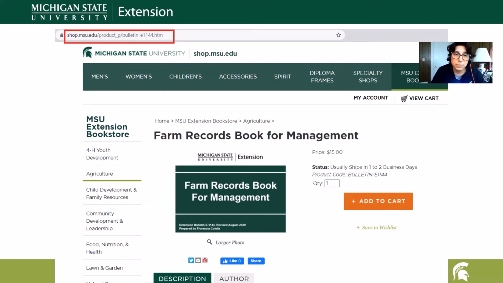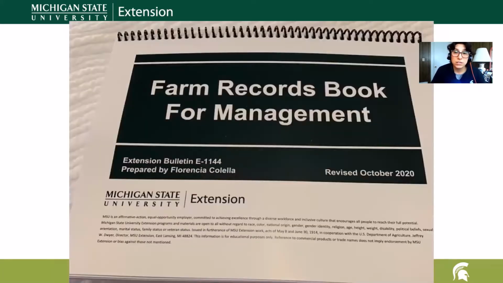It's $15, but by the time you add shipping, it turns out to be like 20 something, so it's up to you whether you want to just print it at home or buy the paper version. We're working on translating this into Spanish if any of you are Spanish speakers. Here's a picture of the booklet that you could buy, but like I said, you can also print it online.